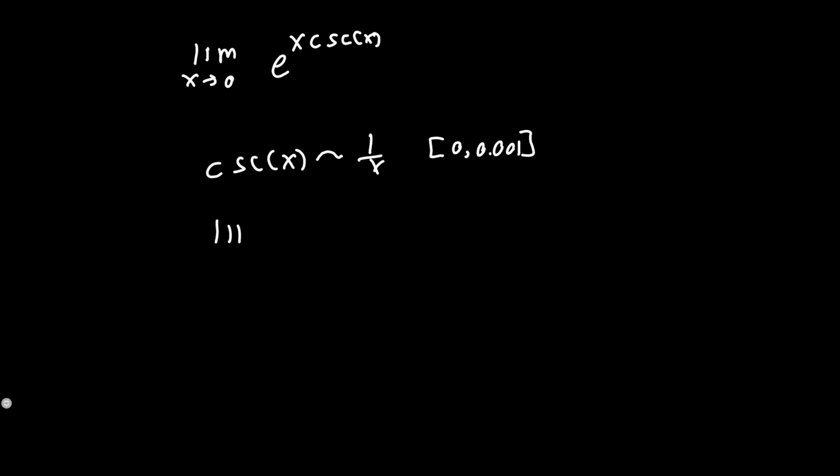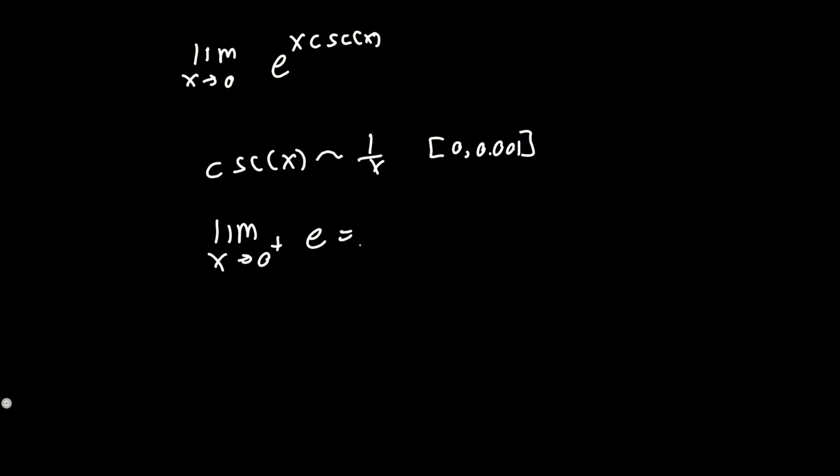So then that becomes the limit as x approaches 0 from the right side, because we're looking at cosecant of 0 from the right side, where it shoots off towards positive infinity. Then we have e to the x times 1 over x, and the x's are going to cancel out, just leaving e.